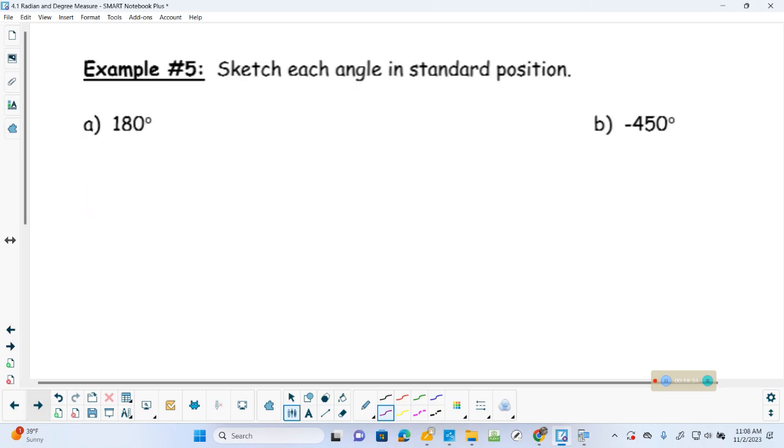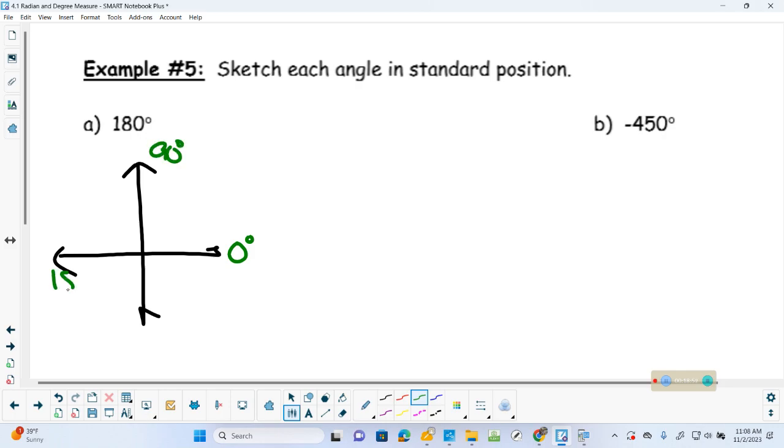Okay, sketch each angle in standard position. Okay, got it. Now again, I can't force you to get dramatic on the homework, but any quiz or test will ask you to label these. Remember, we're scaling in degrees by 90, so I'm adding 90, 90 plus 90, plus 90, plus another 90.